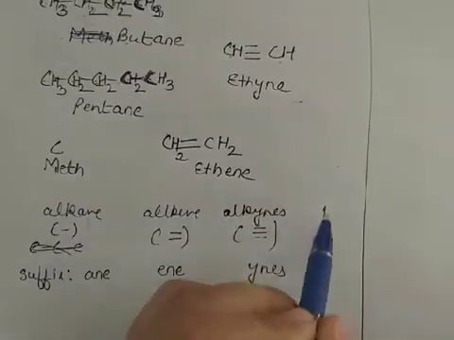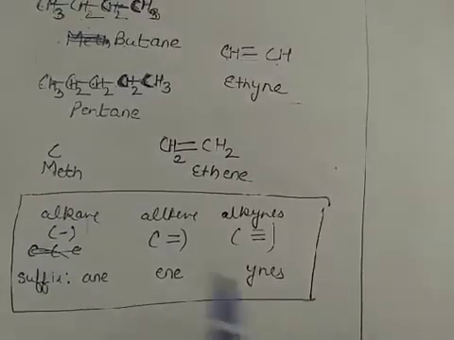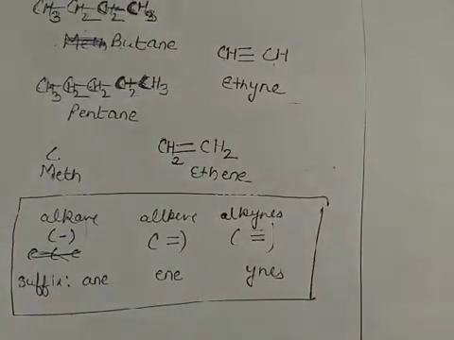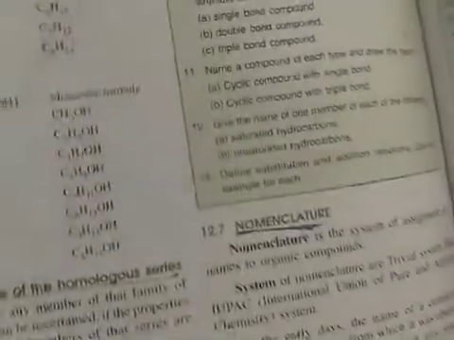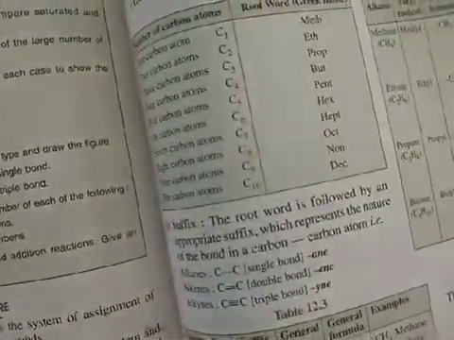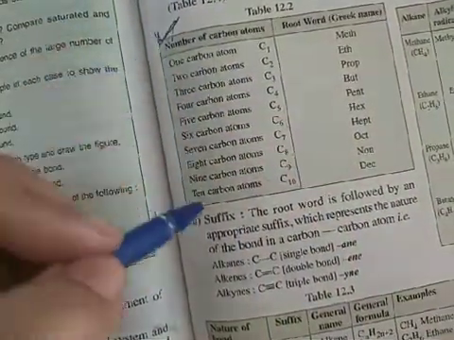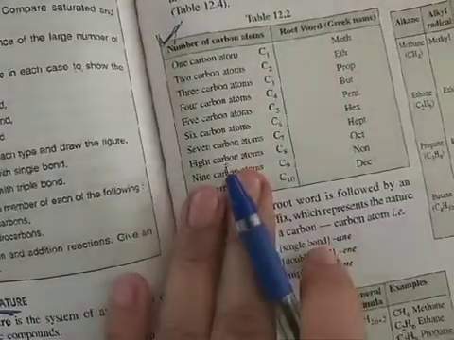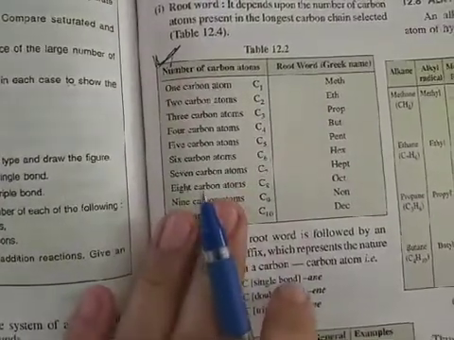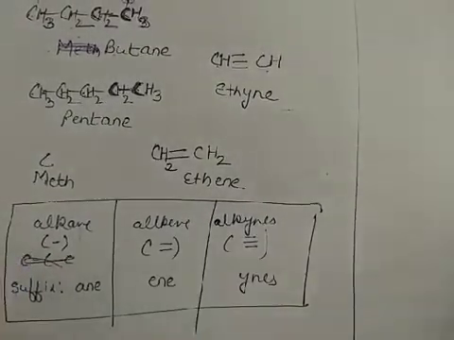Okay, you will make this box in your notebook. You will write the heading nomenclature, and in that you will write word root. First you will make this table. Tables should be made with pencils only. Then you will make this box.